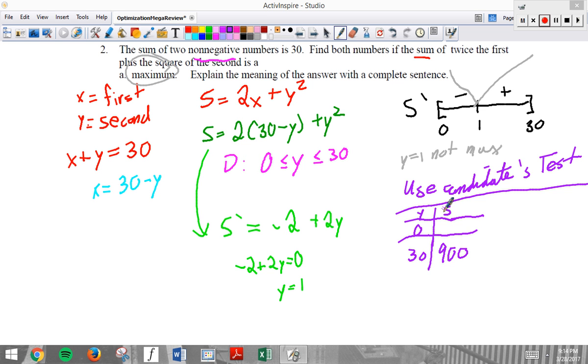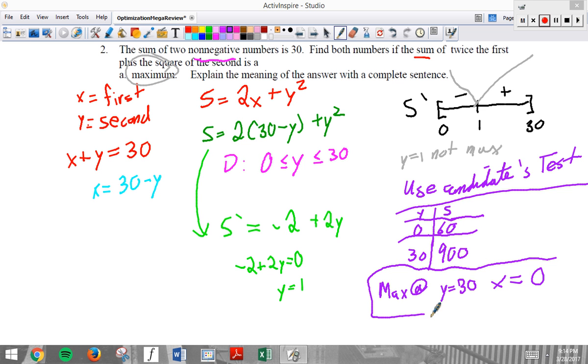Boom. When y is 0, this part is 0, and that part is 60. So, max at y equals 30. X equals what? 0. Okie dokie.